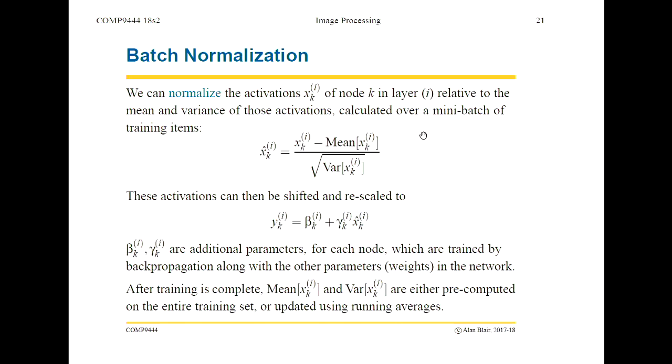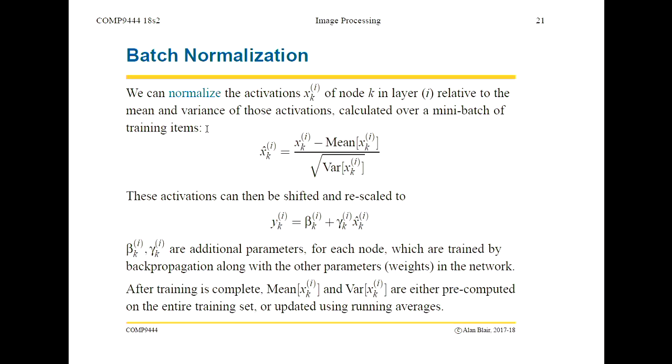We calculate the mean and standard deviation of that activation over all of those images, and then we can normalize this. We compute xk hat, which will have a mean of 0 and a variance of 1, because I've subtracted off the actual mean and divided by the actual standard deviation.